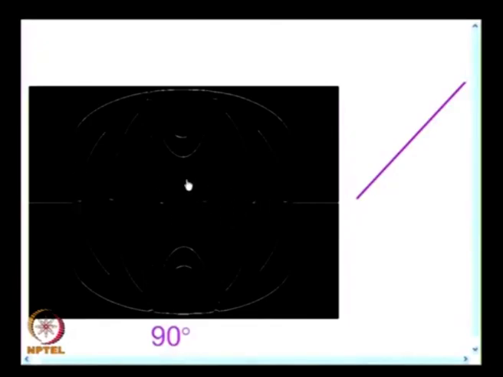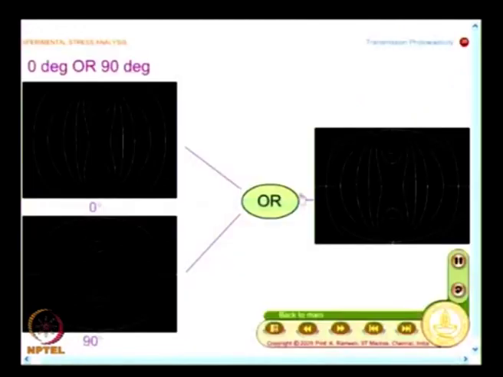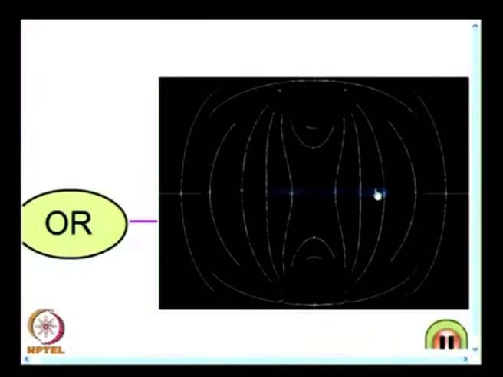So, now what I do is a logical OR operation. I take a logical OR of these two, and I get a fringe skeleton which is reasonably complete, but it still has noise. You have unwanted information like this.